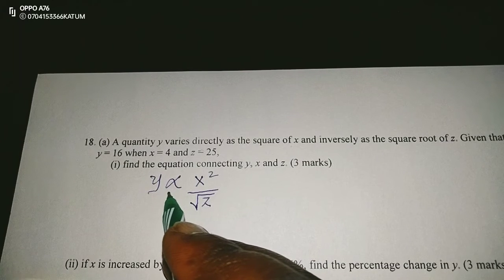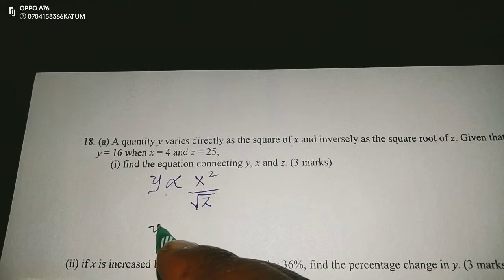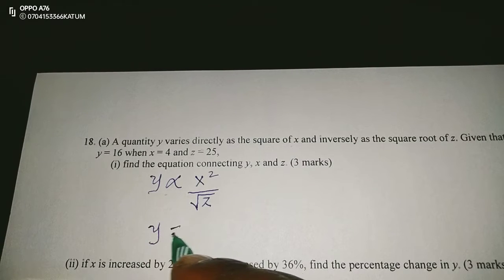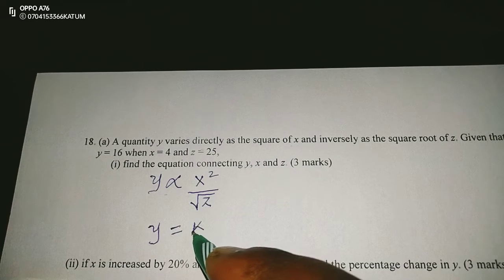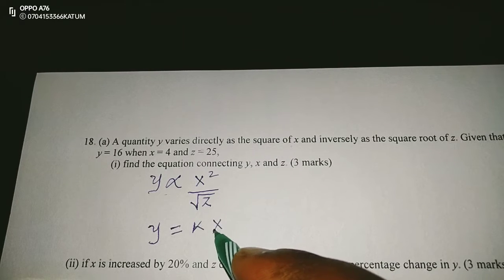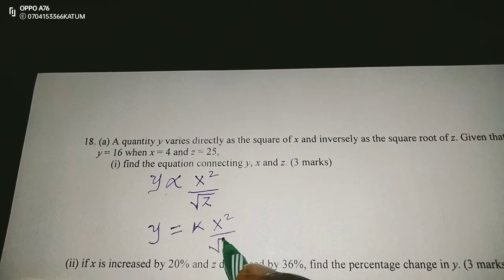But now we can replace the symbol of proportionality with a constant. So y is equivalent to, now we introduce a constant of proportionality, k x squared out of the square root of z.